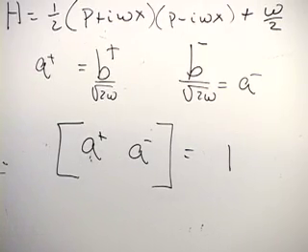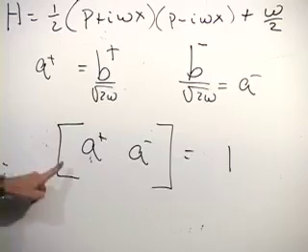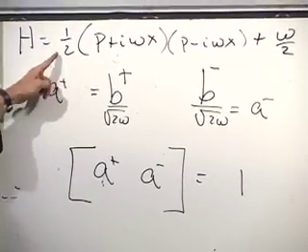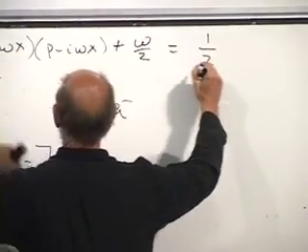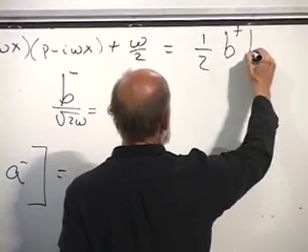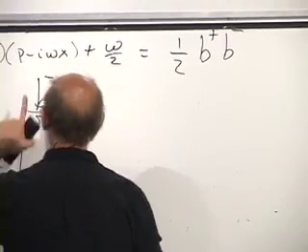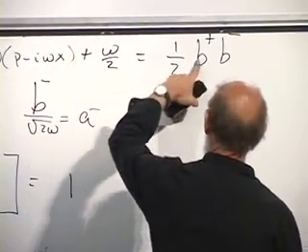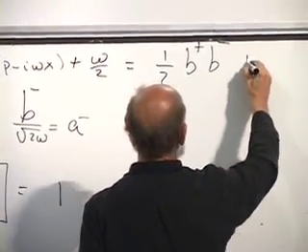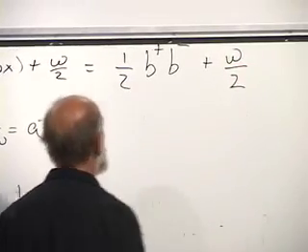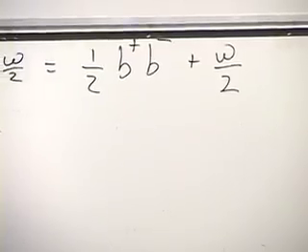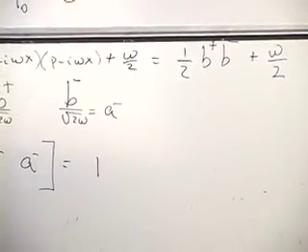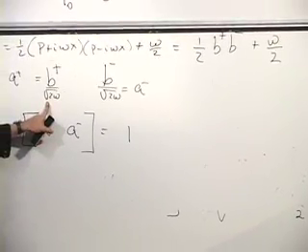All right, once we've done that, we can now rewrite the Hamiltonian in terms of A plus and A minus. In terms of the B's, it's 1/2 B plus B minus, that's p plus i omega x times p minus i omega x, plus omega over 2. That's what it was here. But supposing I substitute in the A's, instead of B plus B minus, I'm going to have A plus A minus times a factor of 2 omega.